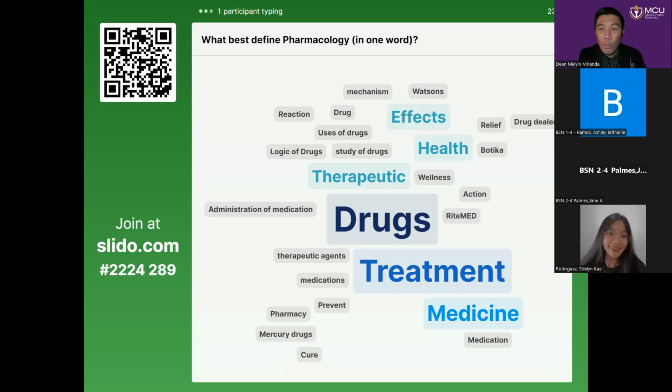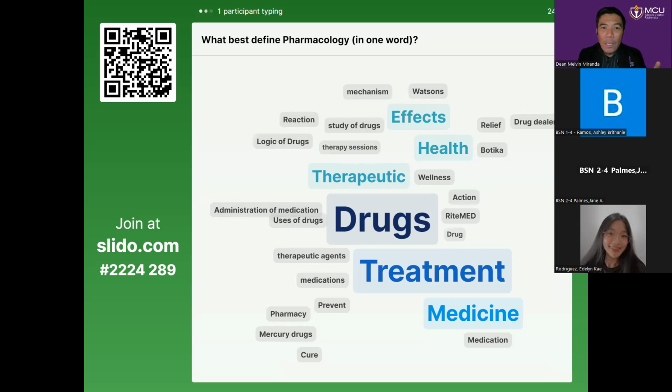Kaya be very careful with self-medication, most specifically antibiotics, kasi we really need to prevent antibacterial resistance. So sa antibacterial resistance, nagiging less yung effectiveness of the drug. The other term for effectiveness is basically potency of the drug. So yun yung very important thing that we need to know.